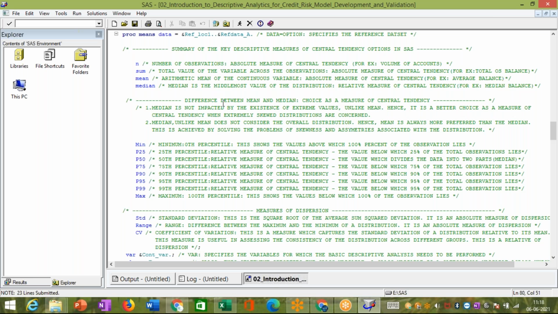So what we do is we try to explain this part, right? So we'll form a basic description of this amount variable. Then the next set of descriptions we will look forward to is how we can delve deeper into the behavior of this amount variable using these relative measures of central tendency.